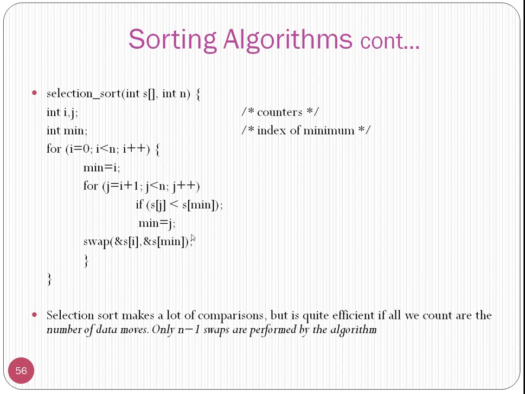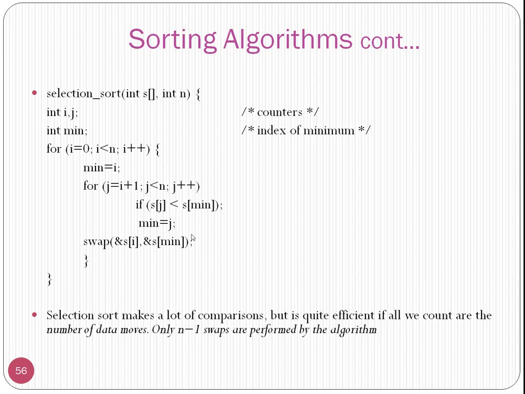Selection sort makes a lot of comparisons, but it's quite efficient if all we count is the number of data moves. If we want to find the number of moves, n minus 1 swaps are performed by the algorithm.